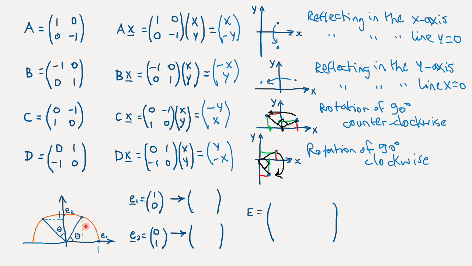Okay, so let's figure out the coordinates of those ending points for rotating by theta degrees. So this point and this point. So let's start with this point. If I've gone theta degrees, the x coordinate is going to be the length of this part of this triangle. And in terms of theta, that's going to be cosine of theta, because it's adjacent to the angle. So we're going to have cosine of theta for the x coordinate. And then what about the y coordinate? That's going to be this side of the triangle, opposite the angle, so that's going to be the sine of theta for the y coordinate.